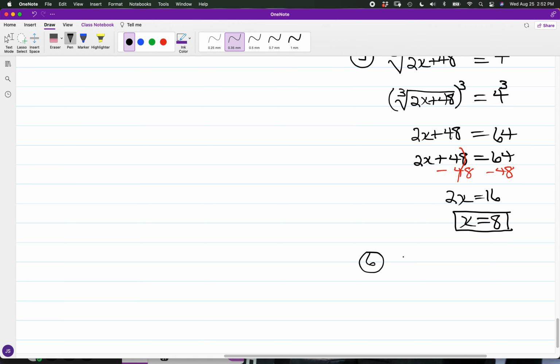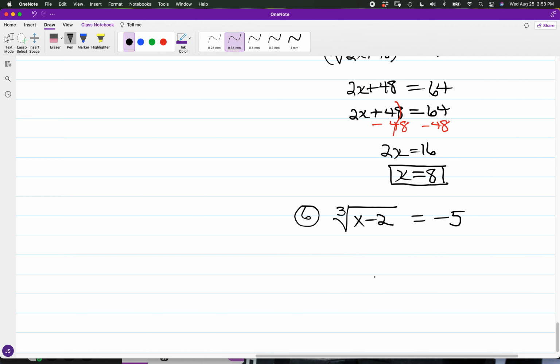We have also, let's say, the cubic root of x minus 2 is equal to negative 5.